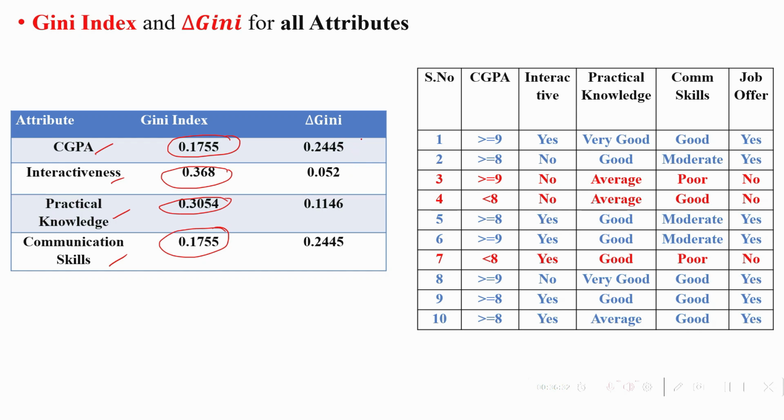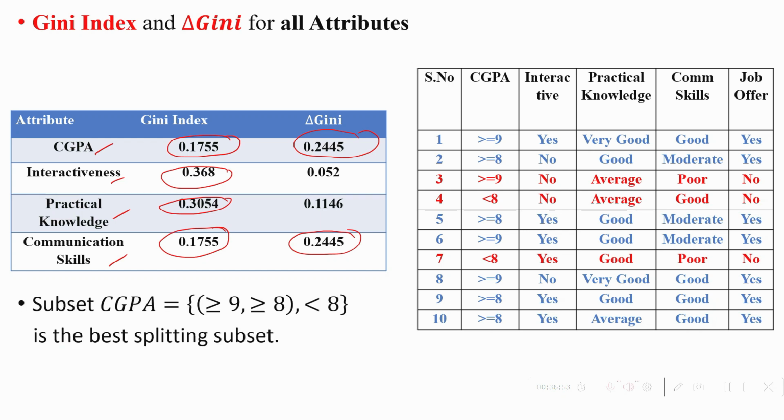Here 0.2445 and 0.2445, that is CGPA and communication skills, have the highest delta Gini value. So we can select CGPA as the root node or communication skills as the root node. Like that we find the root node based on the delta Gini value.